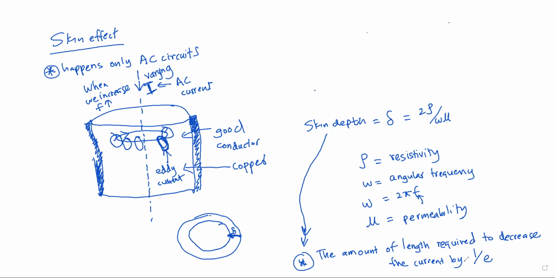So the amount of length required to decrease the current value by 1 over E is defined as the skin depth.